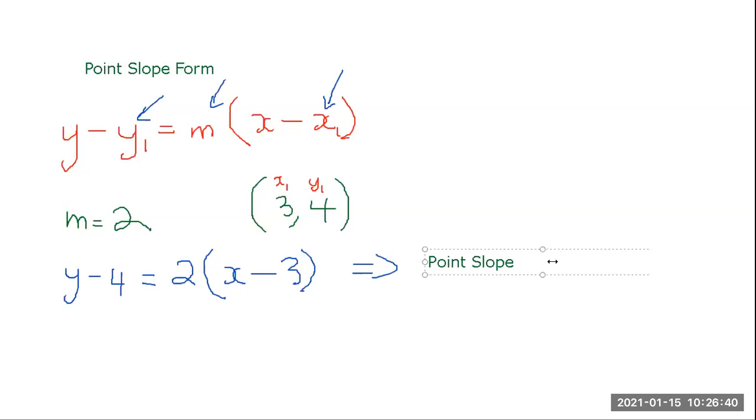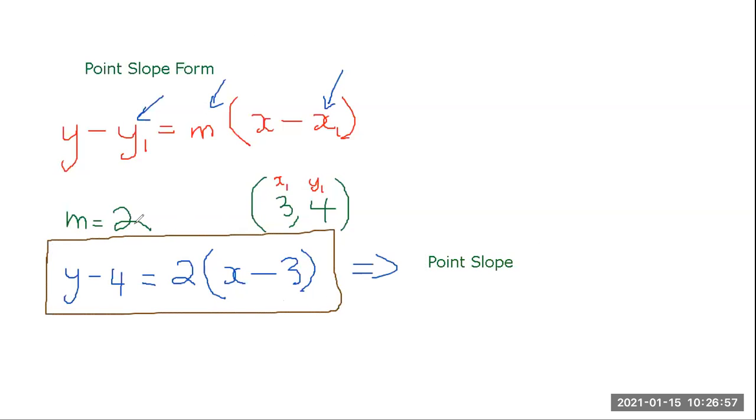So whenever we say put an equation in point slope form, this is basically what we're looking for at this point. That's in point slope form.